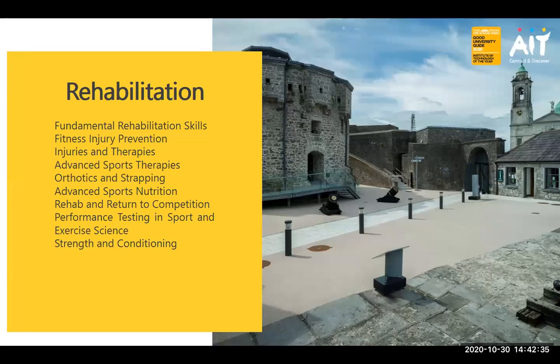The rehabilitation strand consists of fundamental rehabilitation skills, fitness injury prevention, injuries and therapies modules, advanced sports therapies, orthotics and strapping, advanced sports nutrition, rehabilitation and return to competition, performance testing in sports and exercise science, and strength and conditioning module.